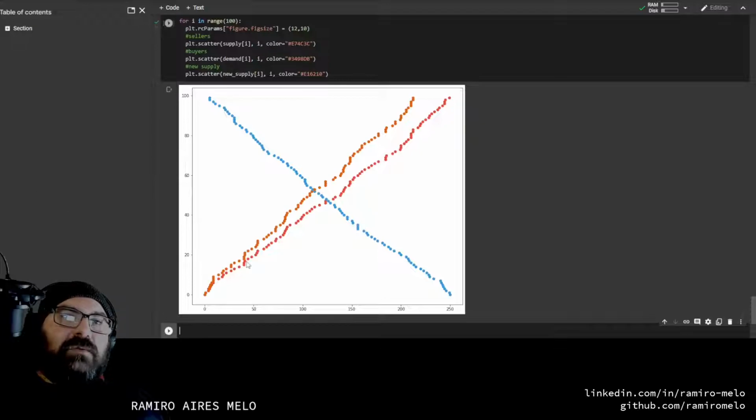Alright, so now we have the demand curve, the supply curve, and the new supply curve after taxes, okay? After 20% of taxes. So now let's find the new equilibrium price, because as you can see, the curve shifted to the left and the price changed. Let's find the new equilibrium price.